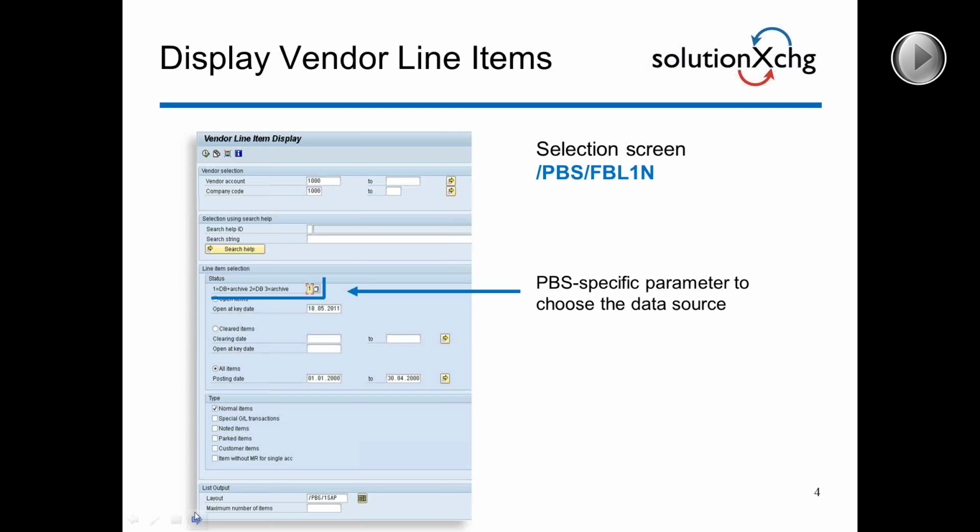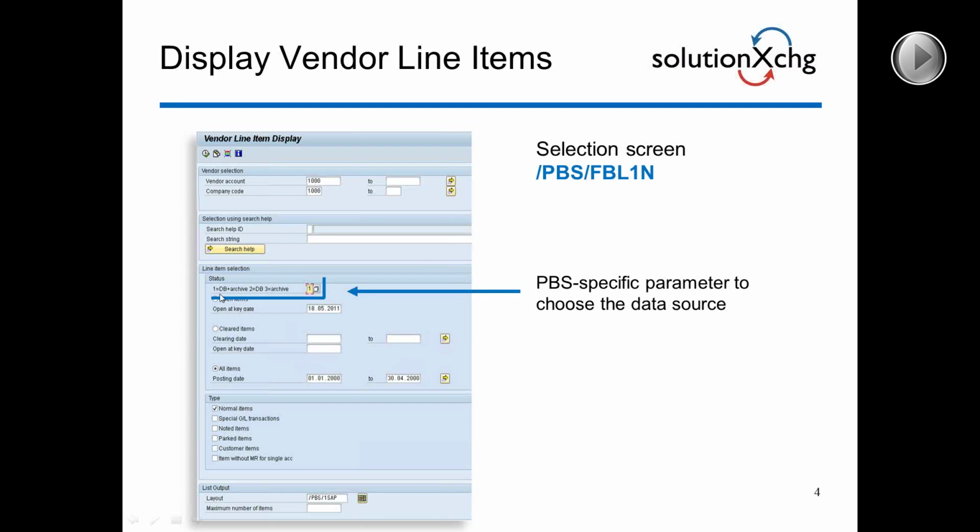Now let's have a closer look at how this actually looks from a user experience. My example here is the vendor line item display transaction. What you see here is a screenshot of the selection screen of the PBS vendor line item transaction, and it looks very, very similar, almost identical to the regular SAP standard FBL1N transaction.